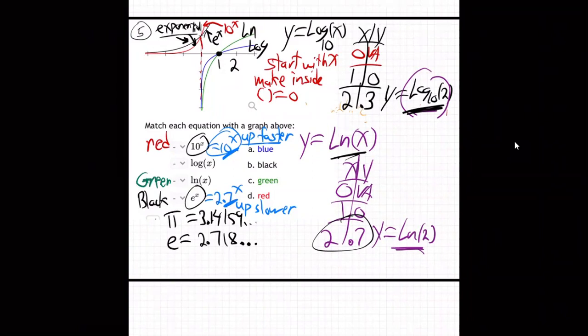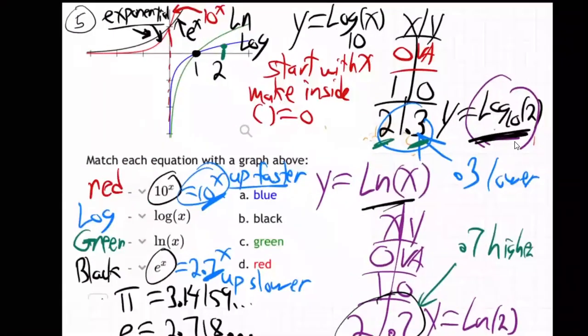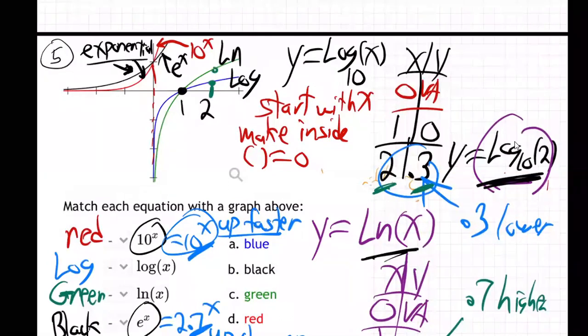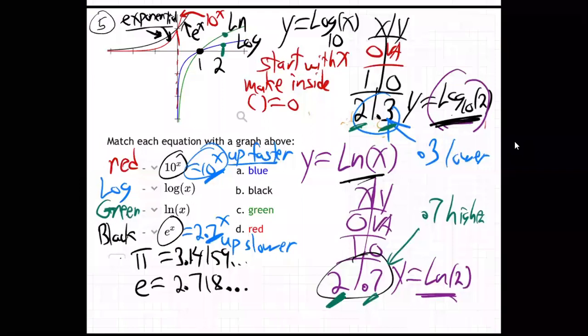And the blue must be the regular log because that one's lower, right? 0.3 is lower, and 0.7 is higher at over 2. So they're both over 2, but one of them is up higher than the other. See that difference? The natural log one is higher up. So that's how we know which one's which. There we go.